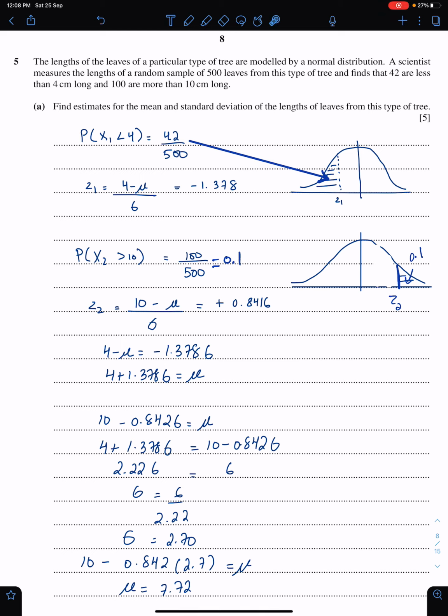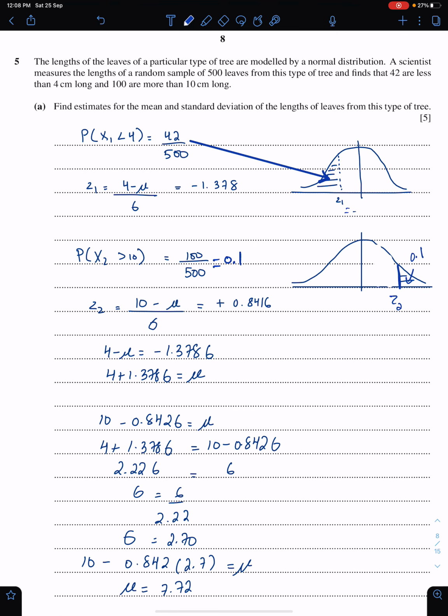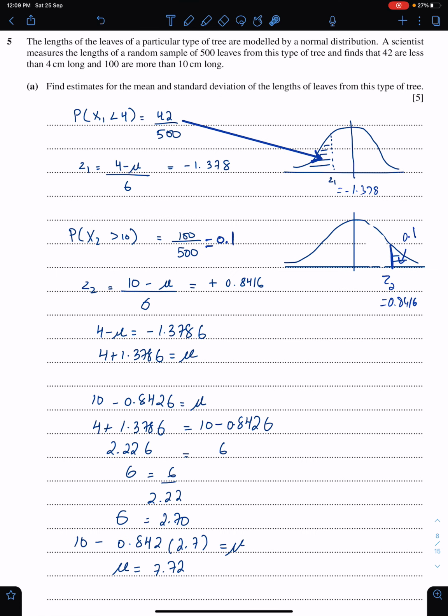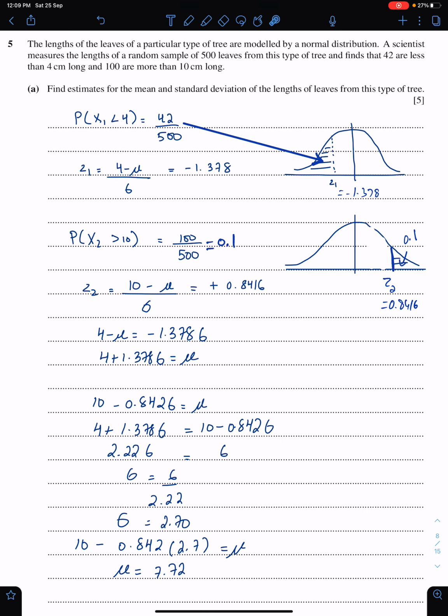The value of Z2 is 0.8416. This value is minus 1.378, and this value is 0.8416. So this information will help you to form equation number 2. By solving these two equations simultaneously, we can get the values of mu and sigma. Hence, sigma is this and mu is this. Make sure you shade the required region correctly.